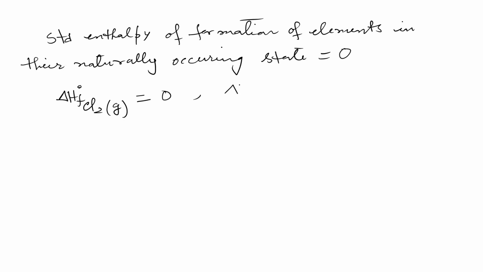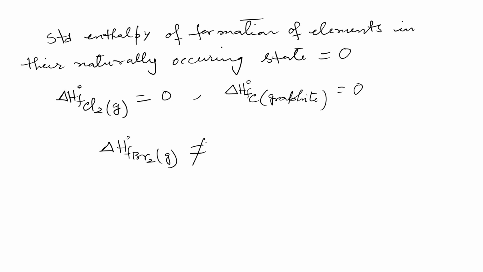Again delta HF naught of carbon in the graphite state, the naturally occurring state, is equal to 0. But if you write delta HF naught, standard enthalpy of formation of bromine, that is not equal to 0, because in case of bromine, the naturally occurring state is liquid.